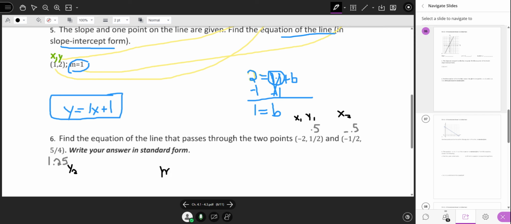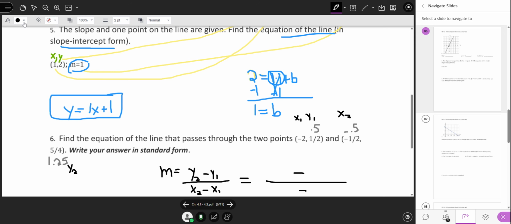And then we've got the Goodbuddy formula, y sub 2 minus y sub 1 over x sub 2 minus x sub 1. Now remember, those two minus signs have to be there. So let's go ahead and put them.